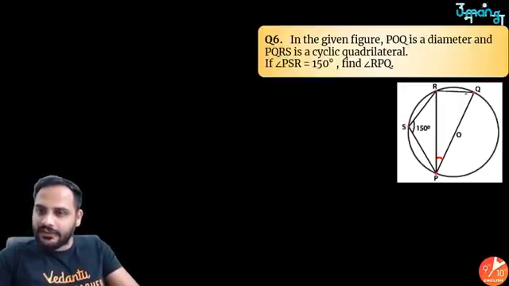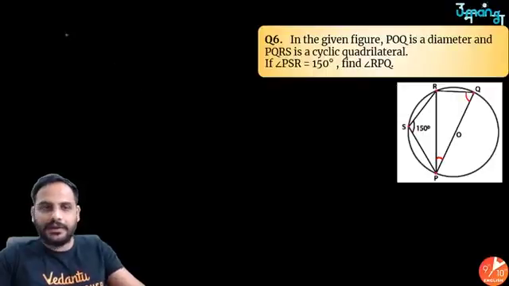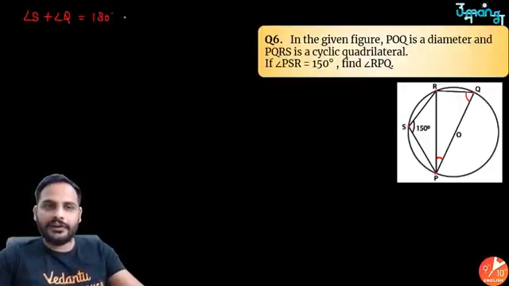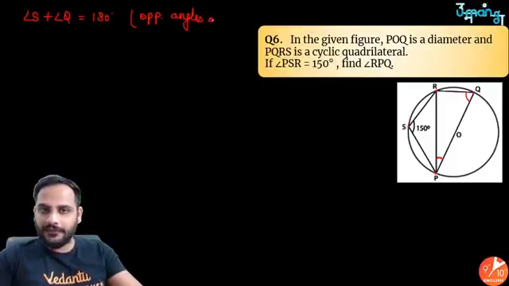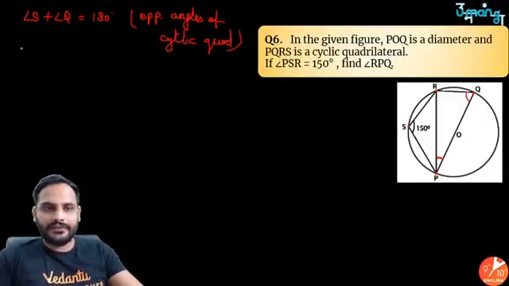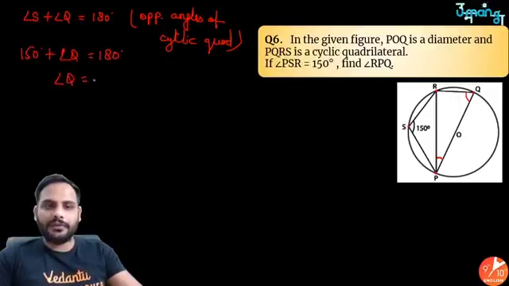So angle S plus angle Q is equal to 180 degrees because they are opposite angles of a cyclic quadrilateral. So angle S is 150 plus angle Q is equal to 180 degrees. So angle Q is equal to 30 degrees.